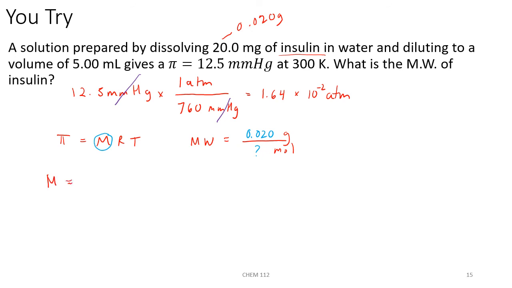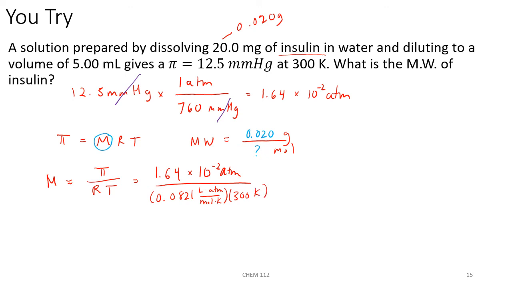So we can rearrange and solve for the molarity of the solution. The molarity will equal the osmotic pressure, pi, divided by R times T. As long as our units are okay, everything will cancel and work out. So we can plug in our osmotic pressure because we already converted that. 1.64 times 10 to the negative 2 atmospheres divided by gas law constant, 0.0821 liters times atmospheres over moles times Kelvin times our temperature, which we were given was 300 Kelvin.